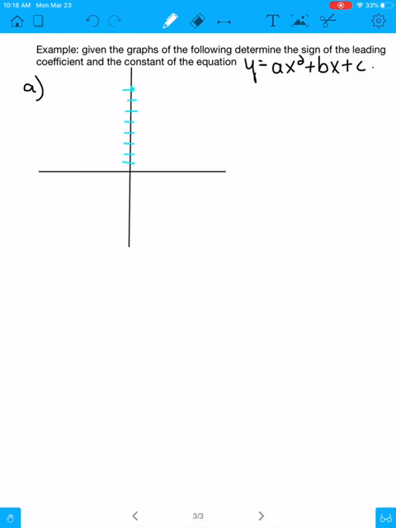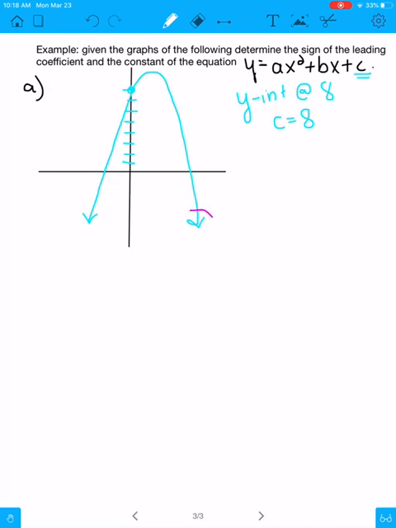So we're going to cut through here, something like that. Okay? So I know I have a y-intercept at 8, and that y-intercept gives me my c, my constant, right? So my c equals 8.